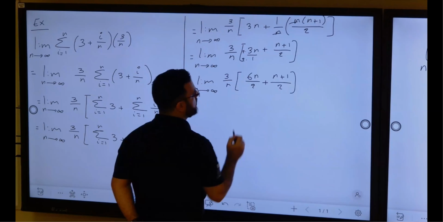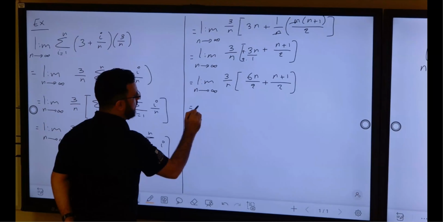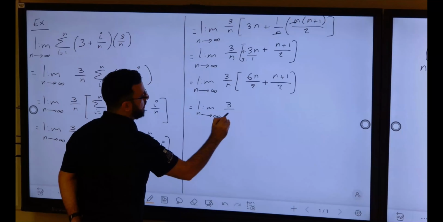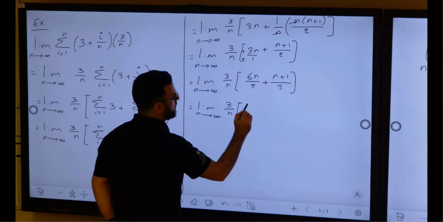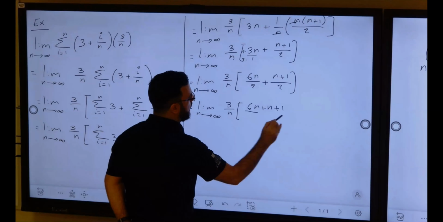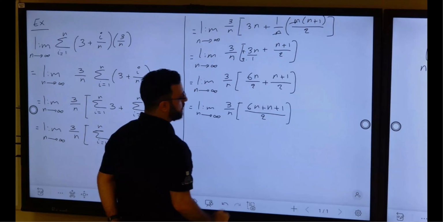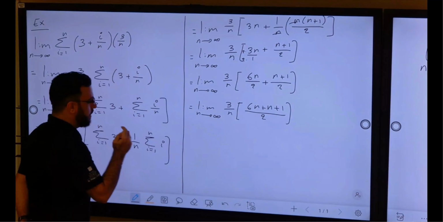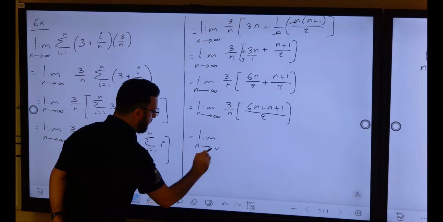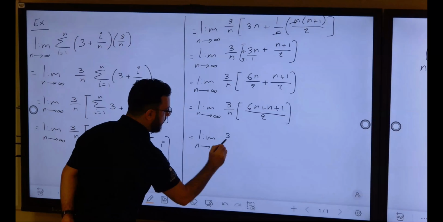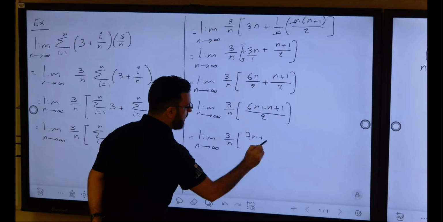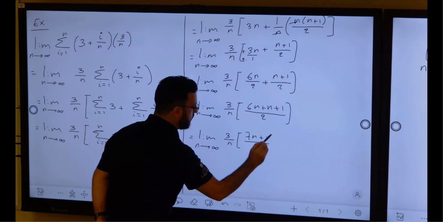Now, can I add these together? Yes. So the limit as n approaches infinity of 3 over n times 6n plus n plus 1 divided by 2, which is equal to the limit of 3 over n times 7n plus 1 divided by 2.